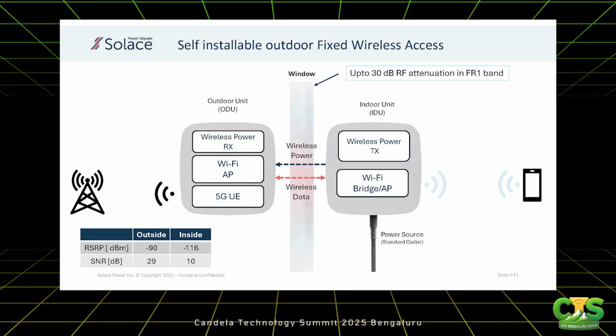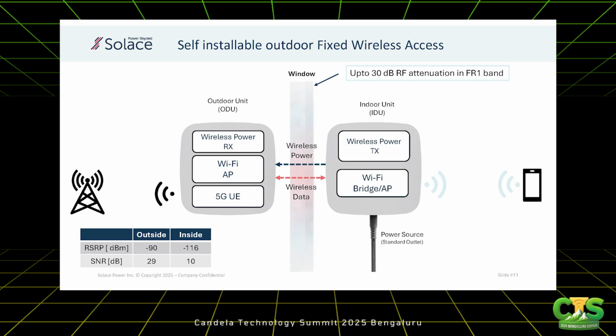You can have attenuation up to 30 dB on the FR1 band, so the sub 6 gigahertz band. We have done some measurements with our open source router, and we saw a penalty of 19 dB SNR if you move your 5G receiver from outdoors to indoors.